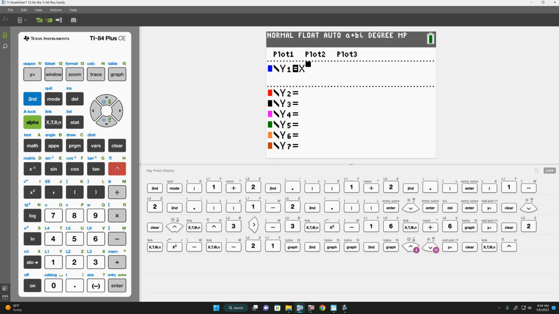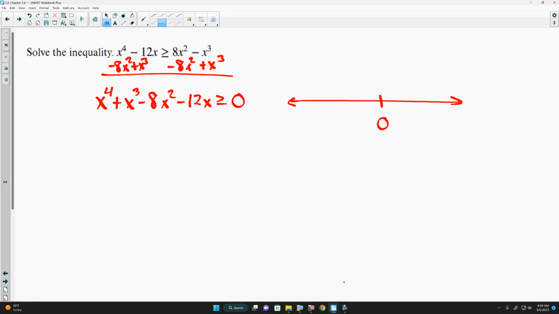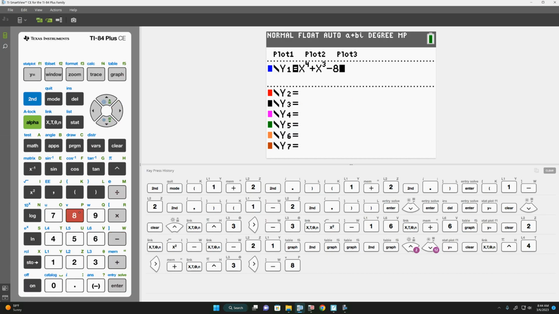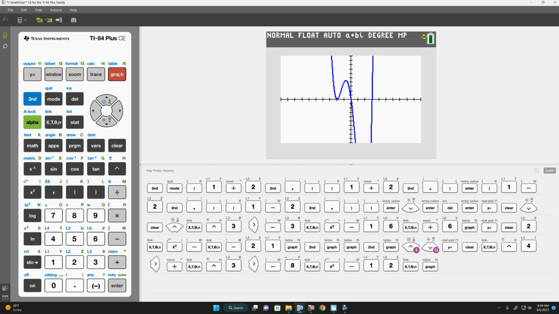One of the things we can do is go to the graphing calculator, x to the fourth plus x to the third minus 8x squared minus 12x. Graph it. Okay, we do have three places it crosses, yes?